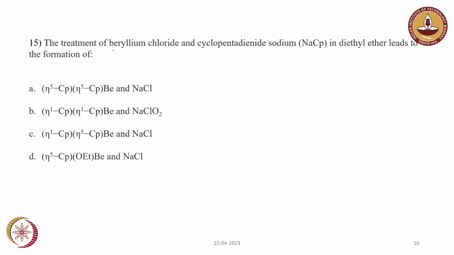So the reaction is between beryllium chloride and sodium cyclopentadienide. Beryllium chloride is BeCl2 and sodium cyclopentadienide is given as NaCp. So the reaction will be Be forming bond with Cp and Na forming bond with Cl.